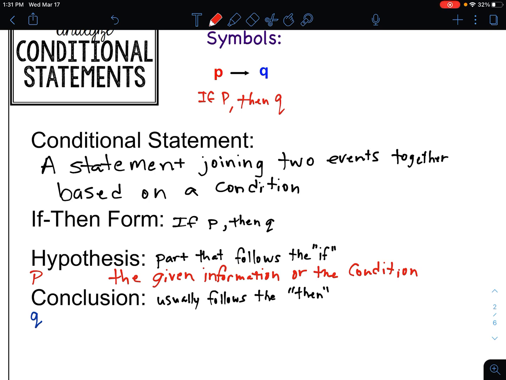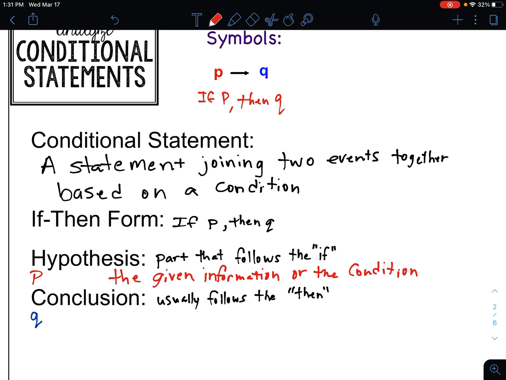If we go back to that first one, the condition is if it is the weekend. That's the condition we're looking at. It's the weekend, then what? So we have it in if-then form, if P, then Q, or again, using those symbols with the arrow.